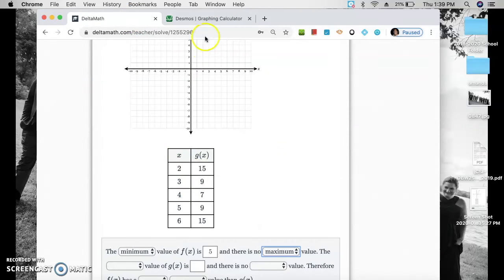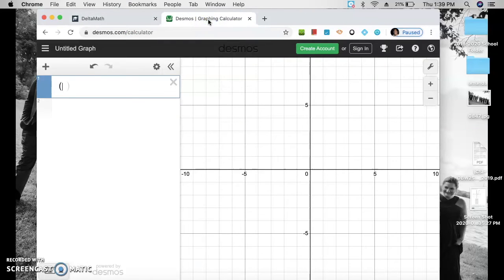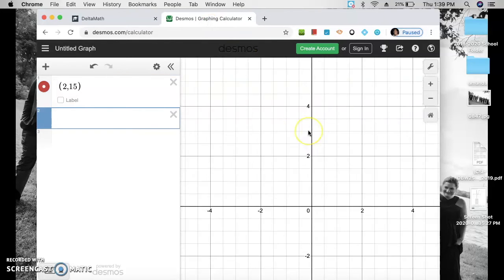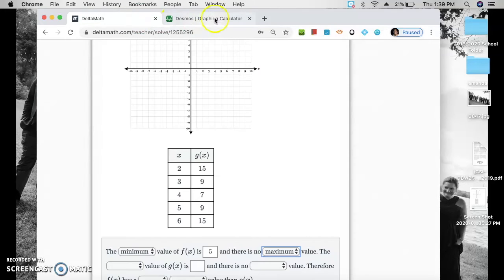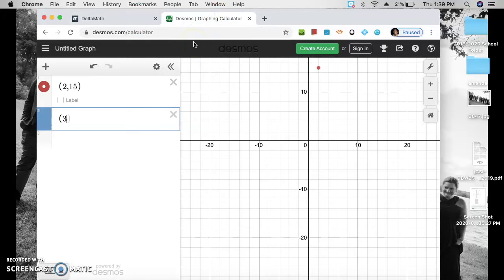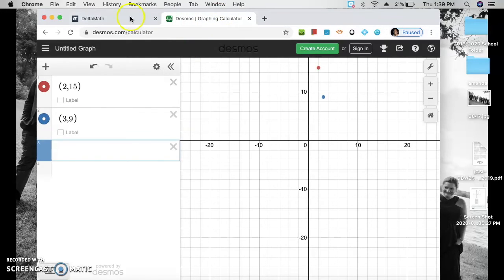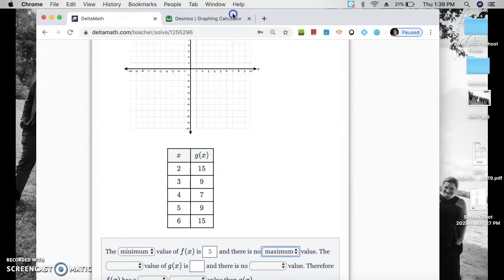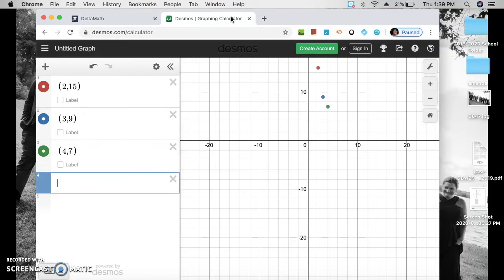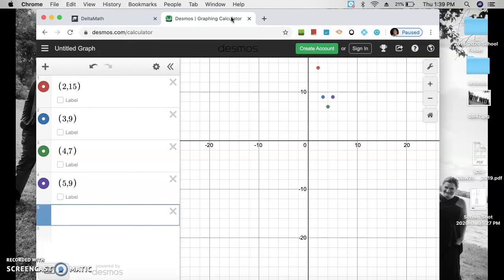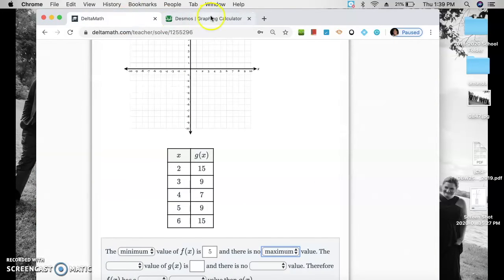My points are 2, negative 15, and we'll see it there. 3, 9. 4, 7. 5, 9, and 6, 15.